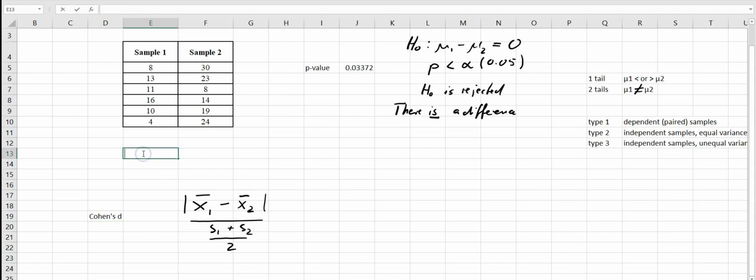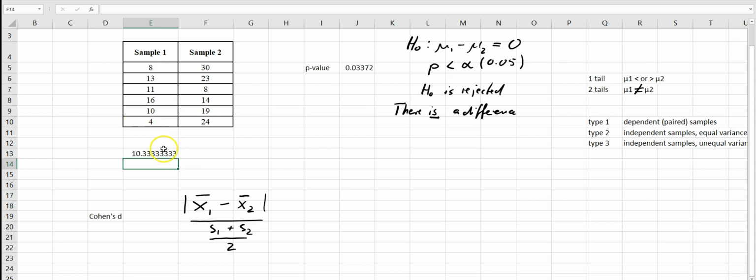So what we can do is we can very simply calculate the average of the two samples. So again, in Excel, we have the pre-built function AVERAGE. So we start typing. So we calculate the mean for sample 1. With the left mouse button pressed, we get the numbers in there.